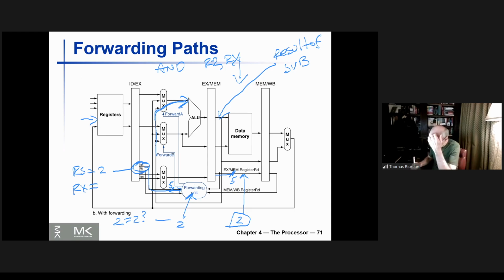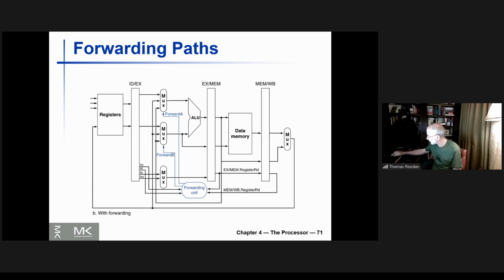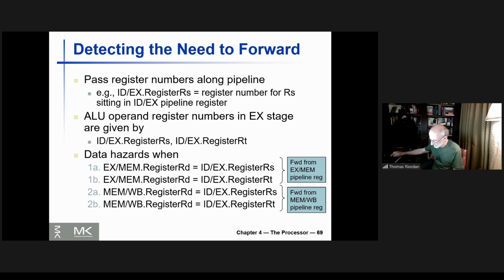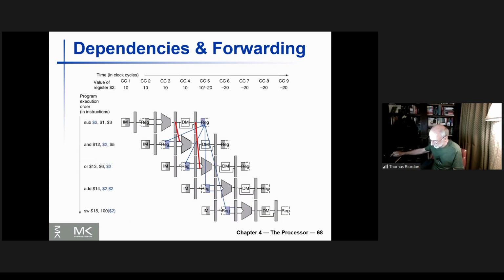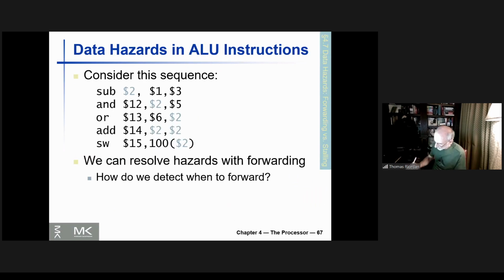So while you think about that for just a second, let's show the other case. If we go back for one second, where's our instruction sequence? The next instruction was an OR, and it has the value 2 in the RS field and RT field.